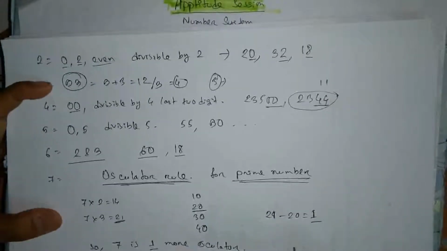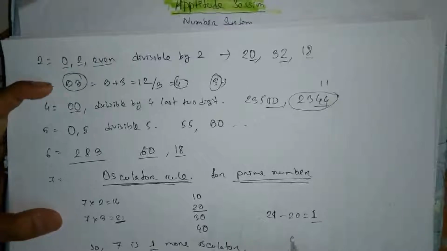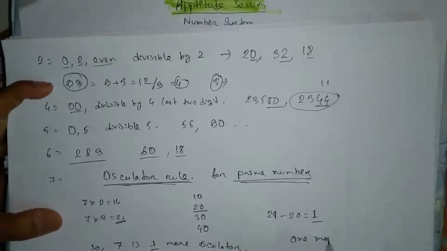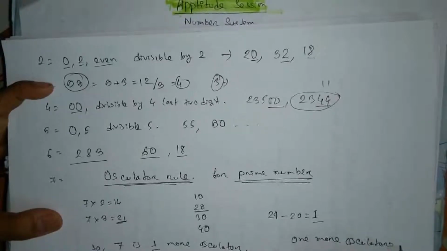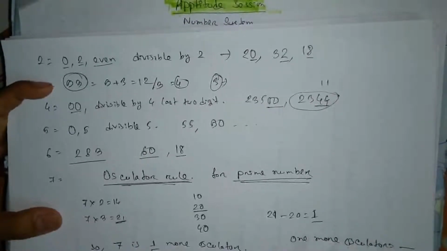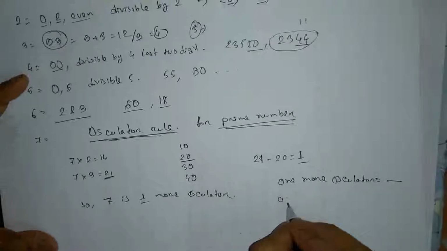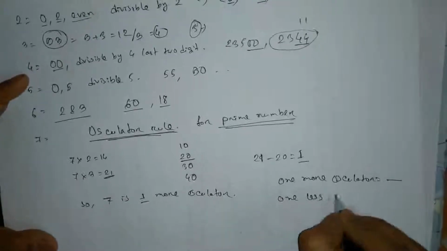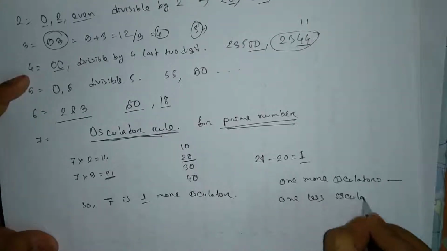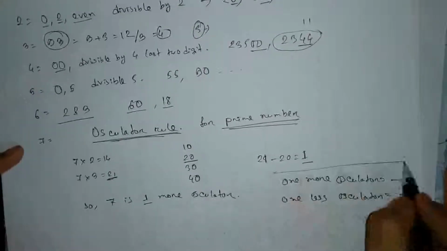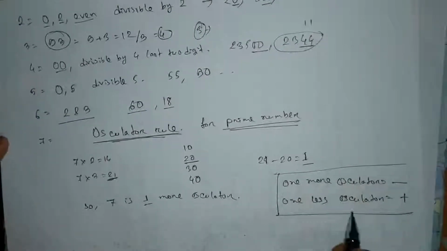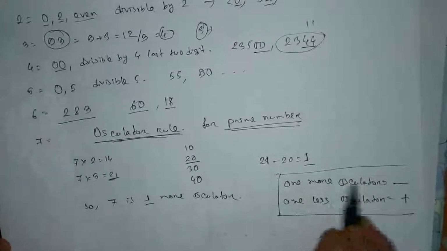In this case there is a rule that if it is a one more osculator, then it will be negative, and if it is a one less osculator, then it will be positive. We will discuss it later when we give the example.